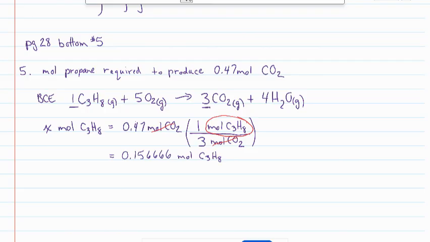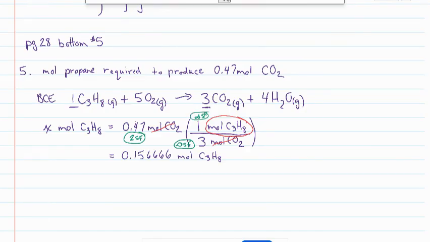But we have not looked at our significant figures yet. So we know that our significant figures in our balanced chemical equation is infinity. And here we have 2 significant figures. So our answer can only have 2 significant figures.